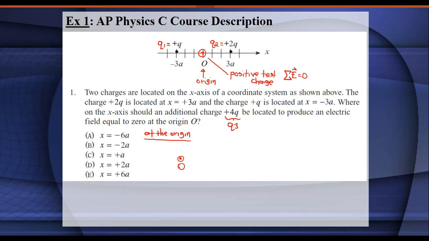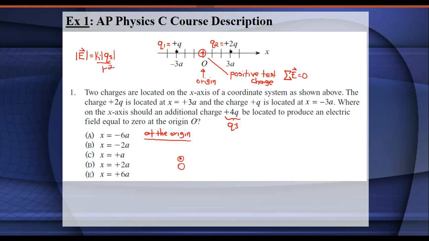And I'm going to try to draw these vectors in a way that I can represent the magnitude a little bit as well. So if we look at our physics 30 equation for electric field, the magnitude is equal to K times the magnitude of my source charge divided by R squared.